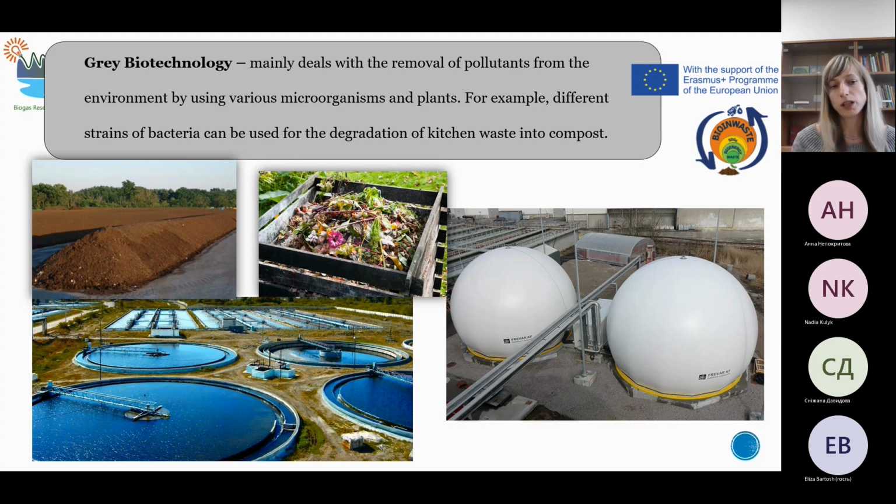So it's possible to use, and we see on the photos different processes of composting, wastewater treatment, and biogas production. Especially in this way, gray biotechnology has interaction with white biotechnology, because production of biofuels is also involved in white biotechnology.